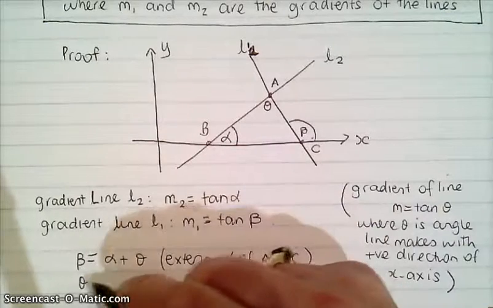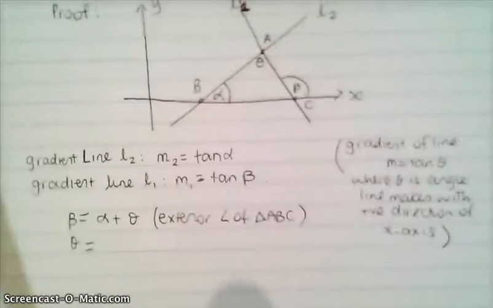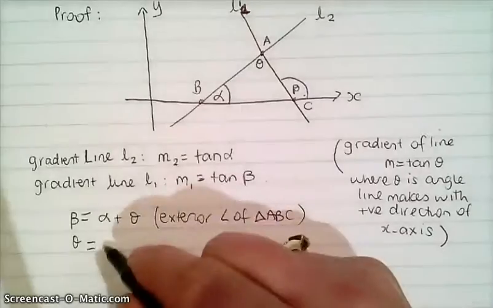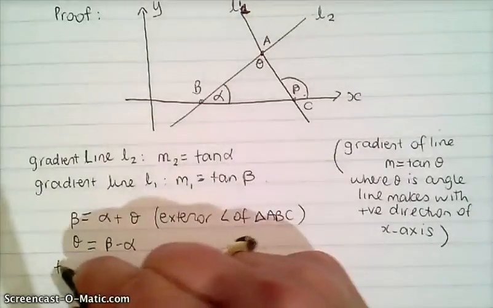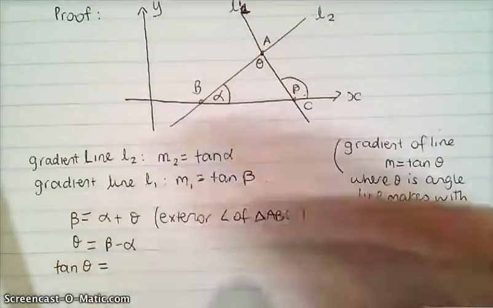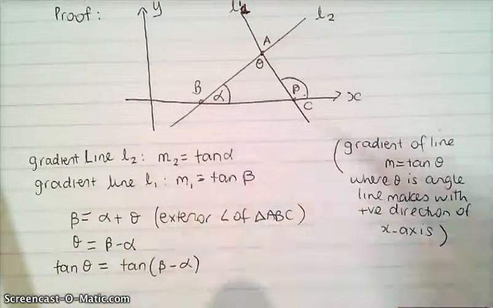Therefore theta is equal to beta minus alpha. Now, what I'm going to do is take tan of both sides. So therefore tan theta equals tan of beta minus alpha.